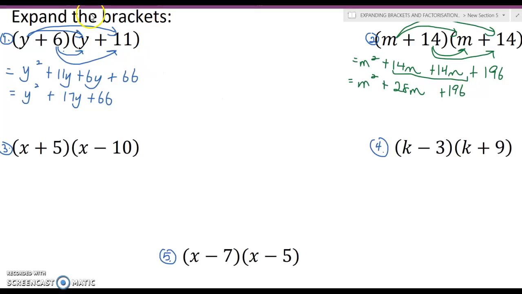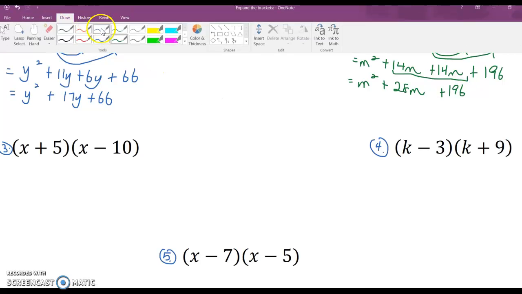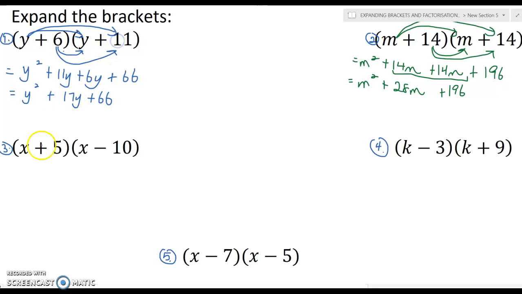Nice. Let's go on to number 3. Now, number 3 has a negative in it, so let's pay a little attention to that. x times x is x squared. x times negative 10, positive by negative is a negative. x times 10 is 10x.